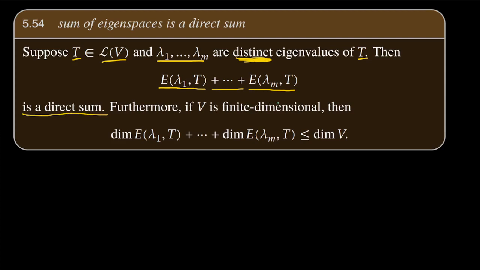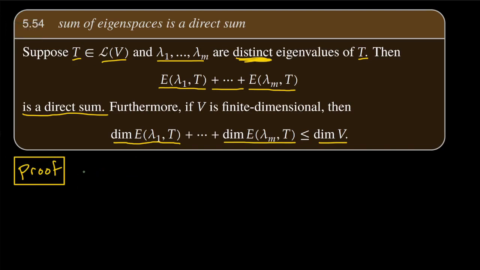And as a consequence, if V is finite dimensional, then the dimension of the sum of these is less than or equal to the dimension of V. That will turn out to be an incredibly obvious consequence once we do our proof, and we'll talk about it more then, but let's prove this first part just to get started.